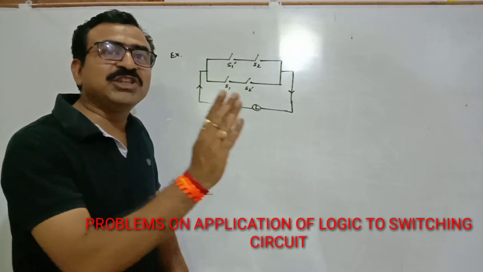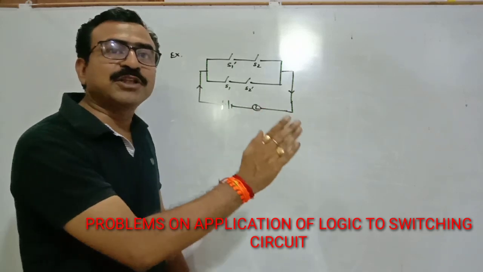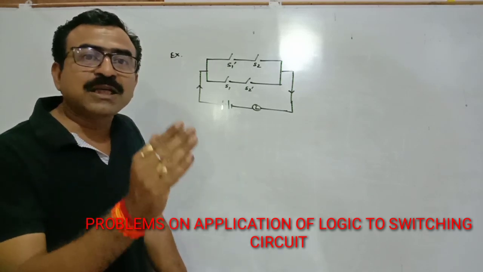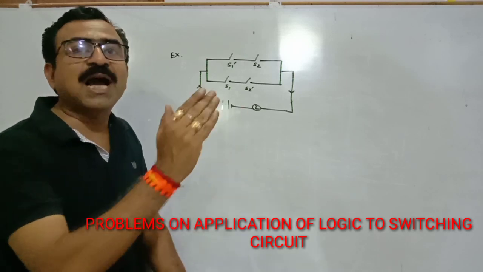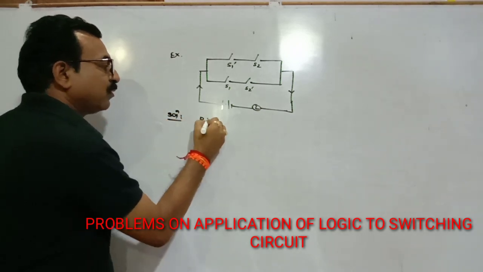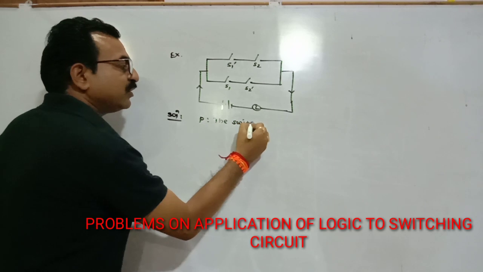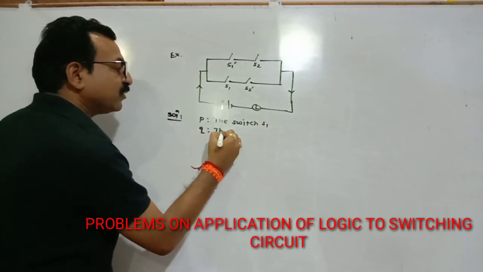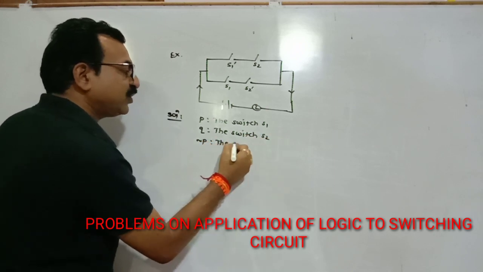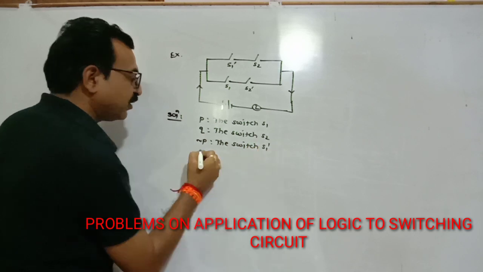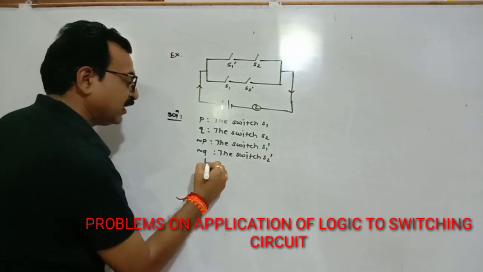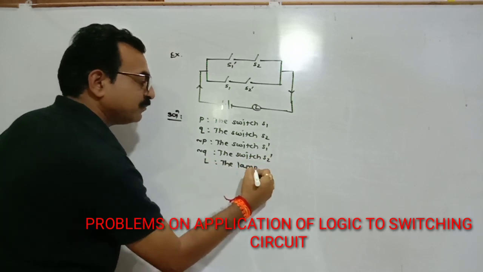So represent switch S1 by P, switch S2 by Q. S1 dash is the negation of S1, and therefore represent S1 dash by negation P and S2 dash by negation Q. So P means the switch S1, Q means the switch S2, negation P means the switch S1 dash and negation Q means the switch S2 dash. L is the lamp L.